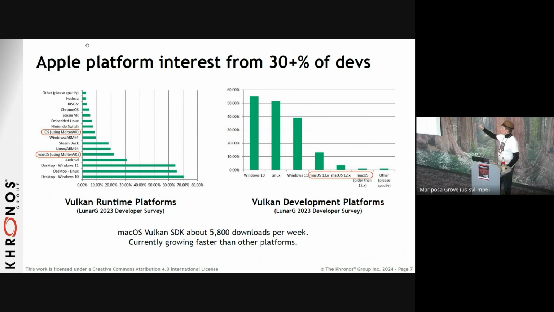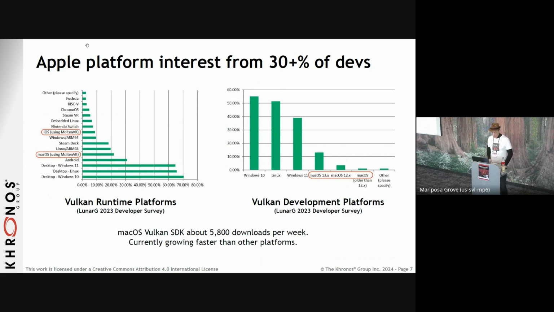As you can see in the red ovals, showing interest in Apple platforms, they split it into iOS and Mac. Roughly 25 to 30% of developers are interested in or working on apps and games for the Apple platforms. So a significant component of the ecosystem is interested in or currently running on Apple platforms.